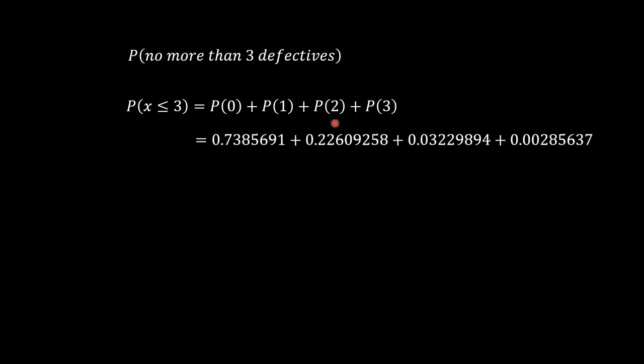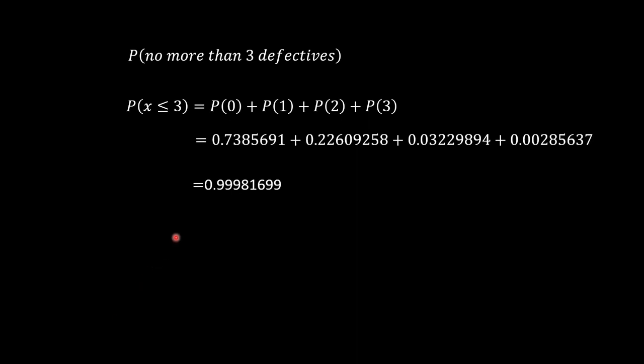The probability when x is 2 is 0.03229894, and the probability when x is 3 is 0.00285637. Then we add all these.